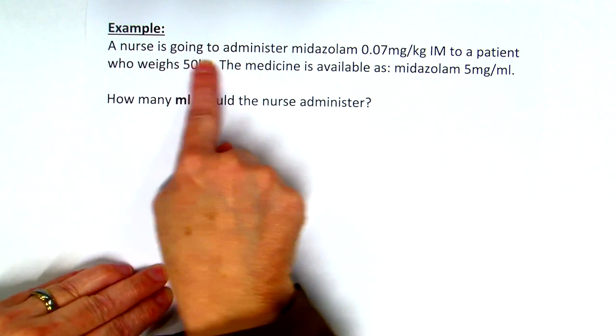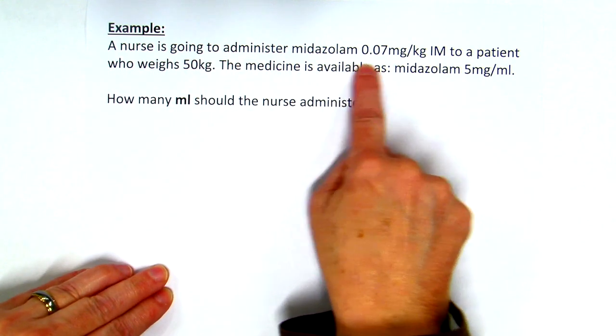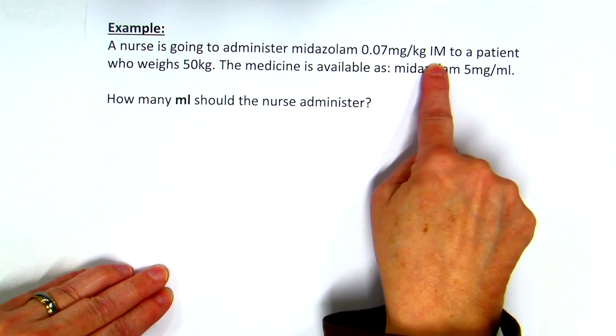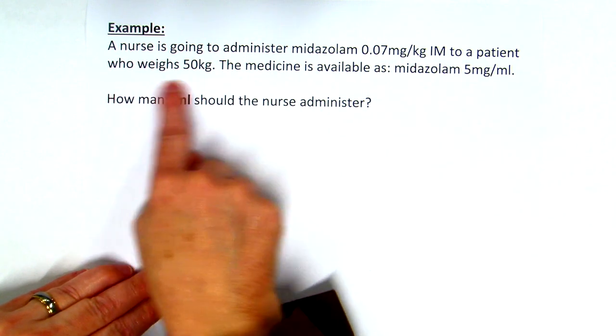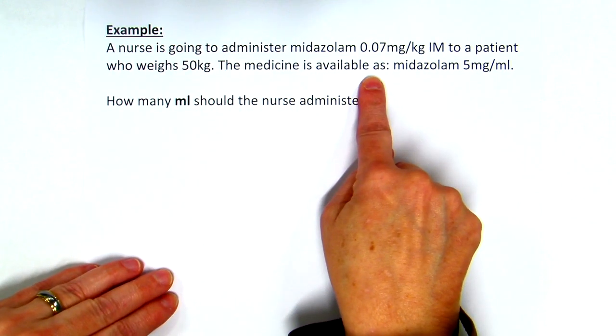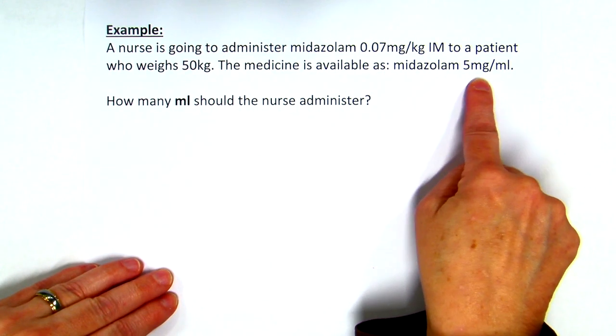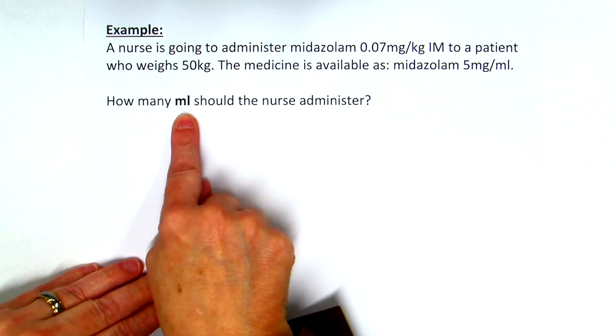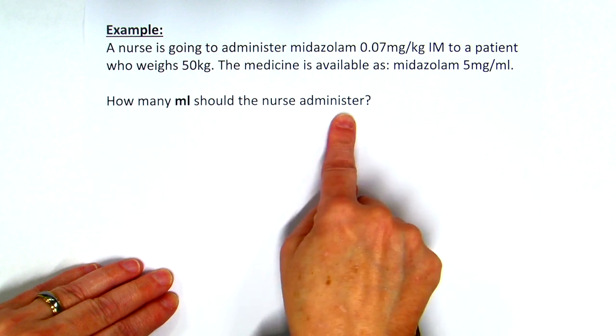A nurse is going to administer midazolam 0.07 milligrams per kilogram IM to a patient who weighs 50 kilograms. The medicine is available as midazolam 5 milligrams per milliliter. How many milliliters should the nurse administer?